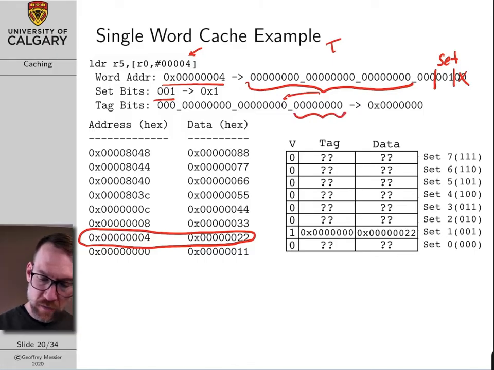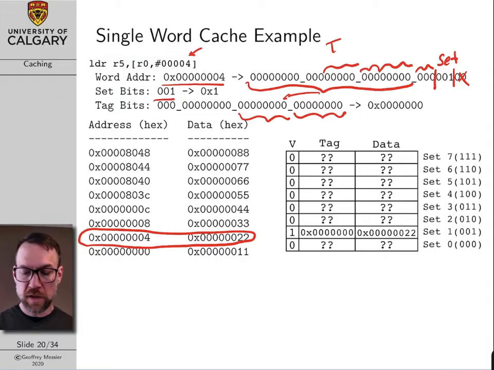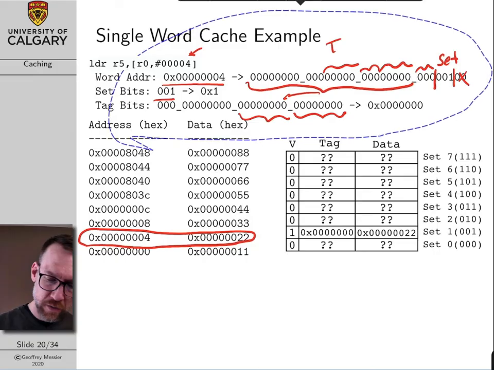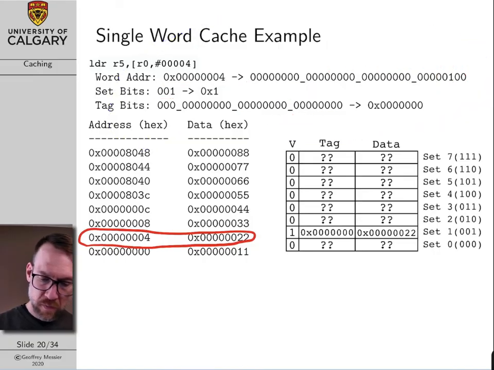These 8 bits correspond to these 3 bits plus those 5 bits, the next group of 8 bits correspond to 3 bits and 5 bits, and so on. The reason I did that is that it's a little easier to translate our tag bits into hex with that kind of separation. So again, our tag bits in this case are all 0.